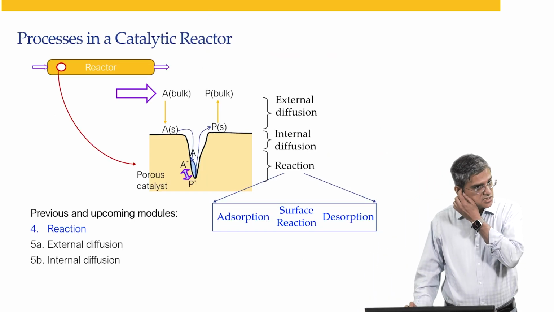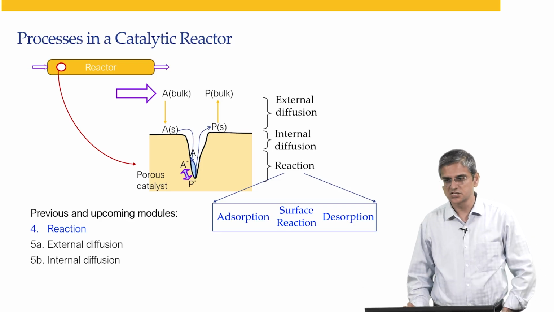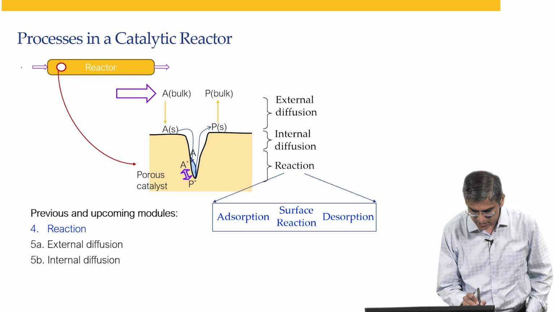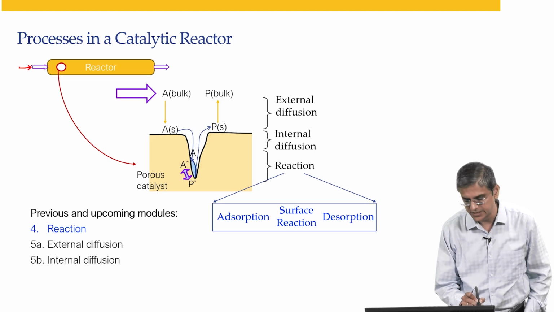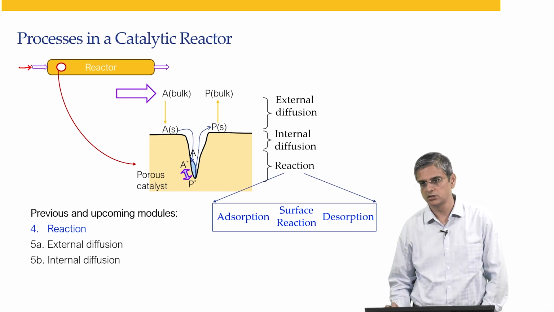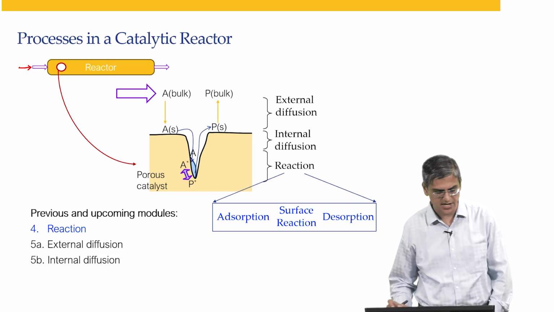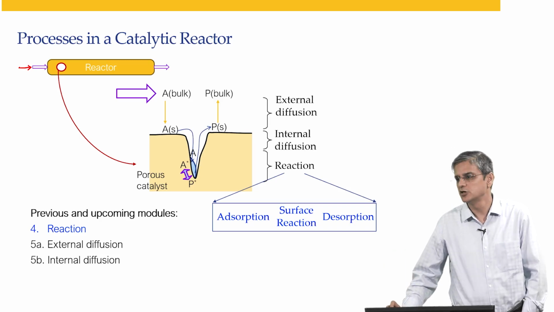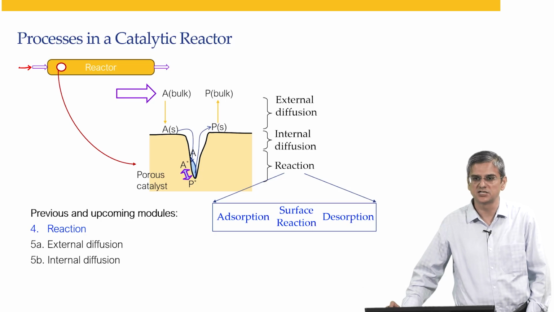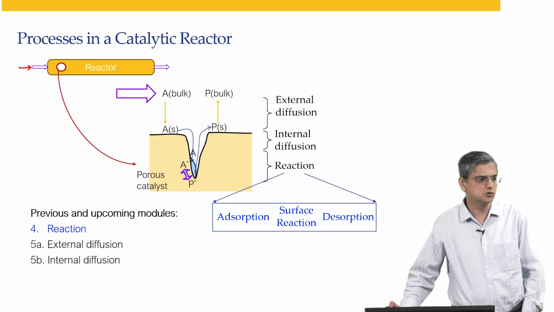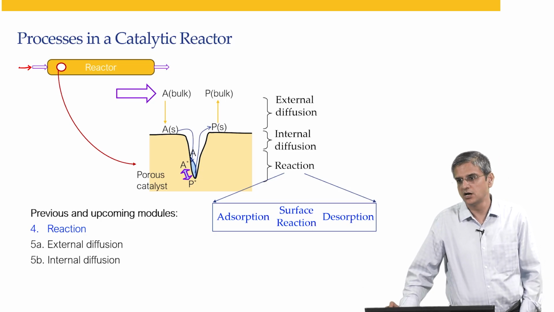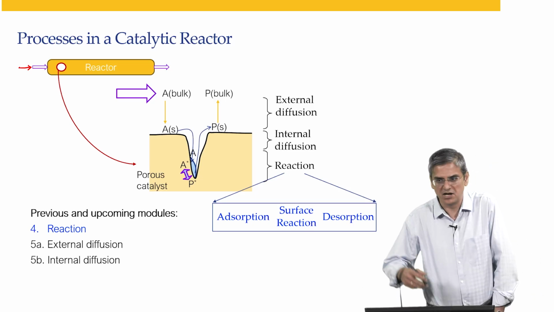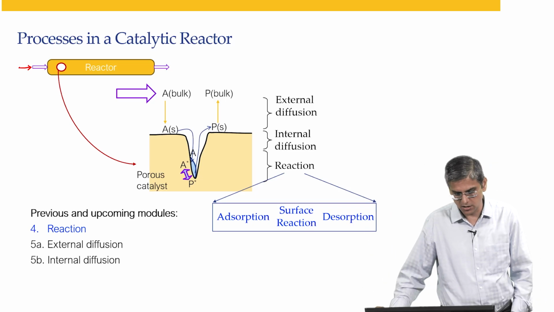Just recapping the various processes taking place in the system. So, let us look at basically some reaction taking place in the reactor. This could be, let us say, water gas shift or whatever it might be. Water gas shift, you can safely represent it as A plus B going to P plus Q, where A and B would be CO and H2O, P and Q would be CO2 and H2, and any reaction you can consider.